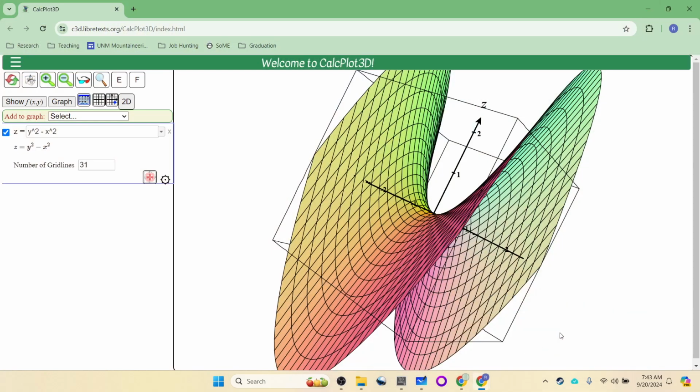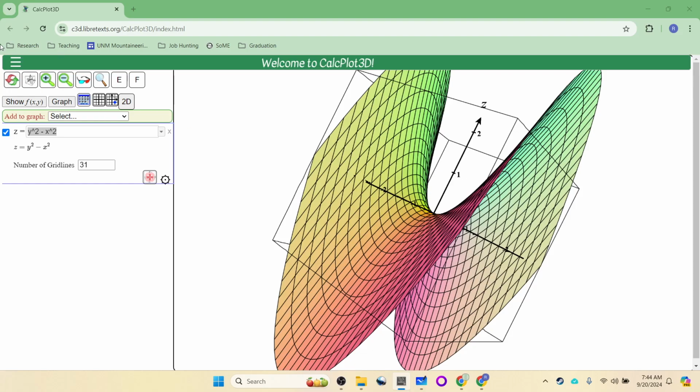So 0.25. We'll just make up some values. We'll make a value for b, let's say 100.